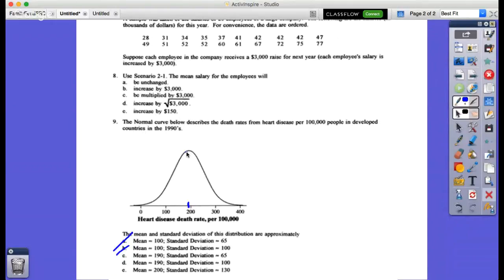So let's go to standard deviation. Let's say that this mean was 200, right? Could the standard deviation be, let's look at C, 65, right? Well, if I added 65, it would be like right here. Subtracted 65, it would be right there. If I added another 65, that would be like 320 something, 330, right?